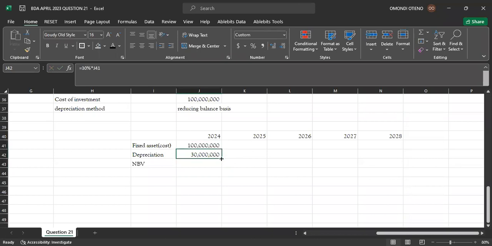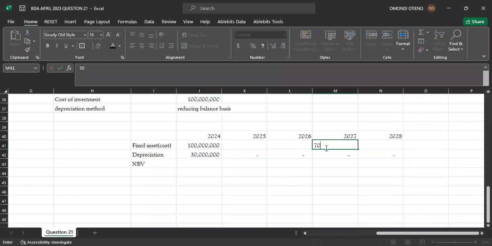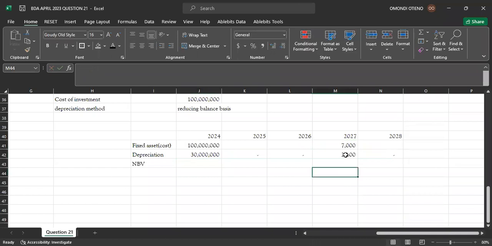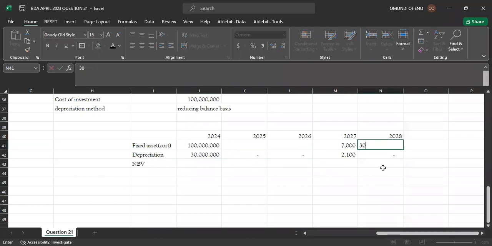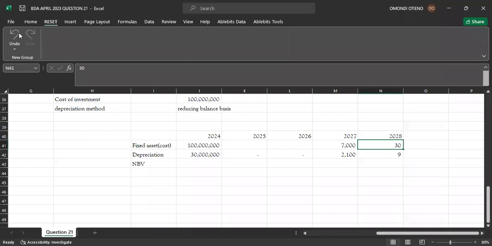If I just come here and autofill, of course, at first it is going to give me 0. But if I insert 7,000 here, you're able to see it will take 30% of 7,000. If I insert 30 here, it will take 30% of the 30 to give me 9. That is what is going on there.